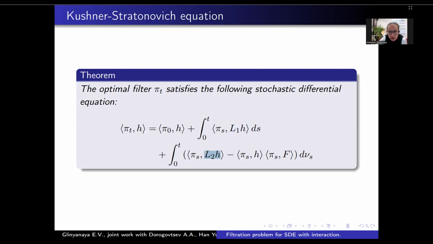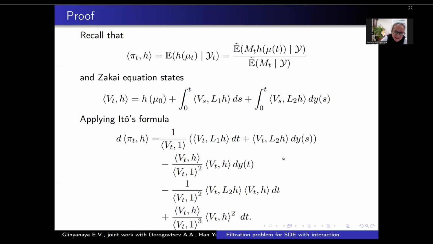So here we underline the dependence on the observable process, and it also appears here. The proof is maybe just a repetition of ideas from known approaches.